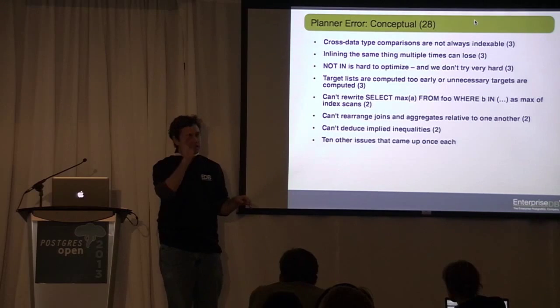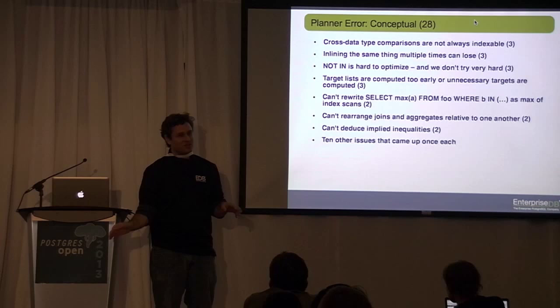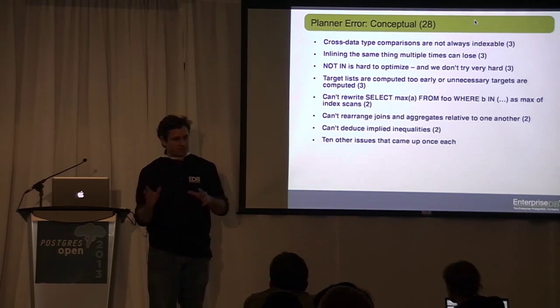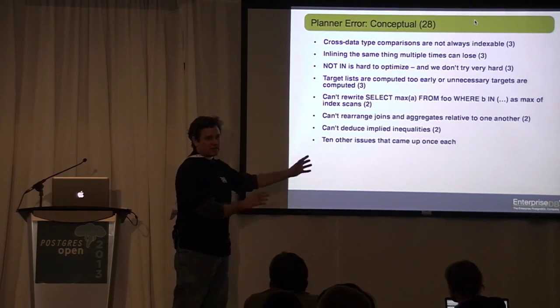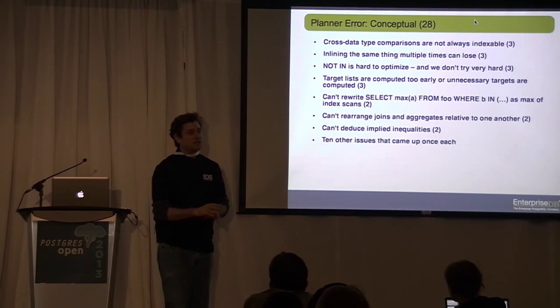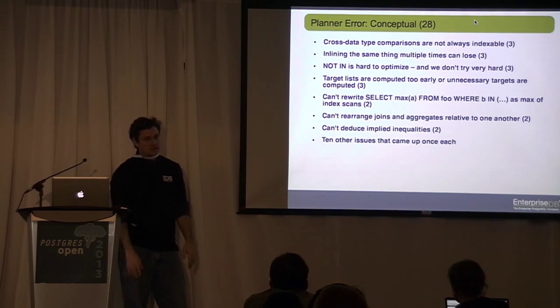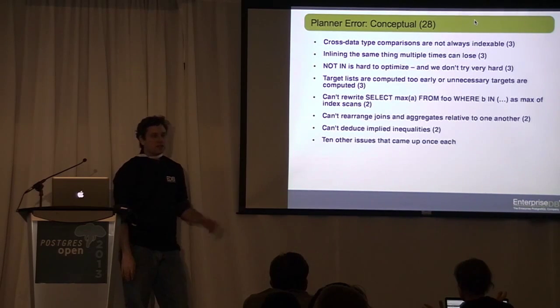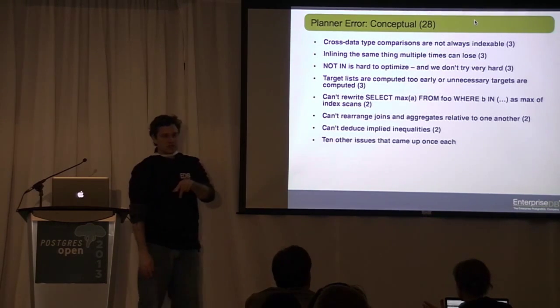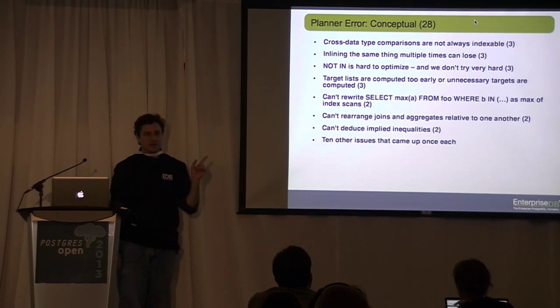So not in and not exists and left join where non-nullable outer column is null are different things that you can write that potentially might be evaluated as an anti-join. But the anti-join is sort of like if we recognize that you're trying to find all the things from here except the ones that match this. So would you optimize in a similar way or in a different way, not exists and outer join with whatever is null? Yeah, so not exists and outer join with whatever is null tend to be optimized similarly. Not in, however, tends to be not as good.